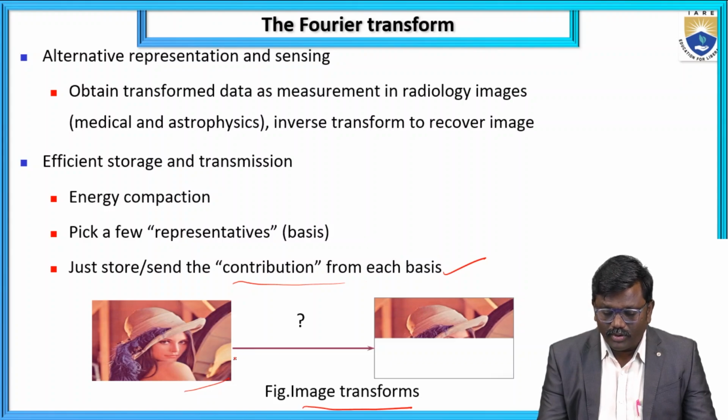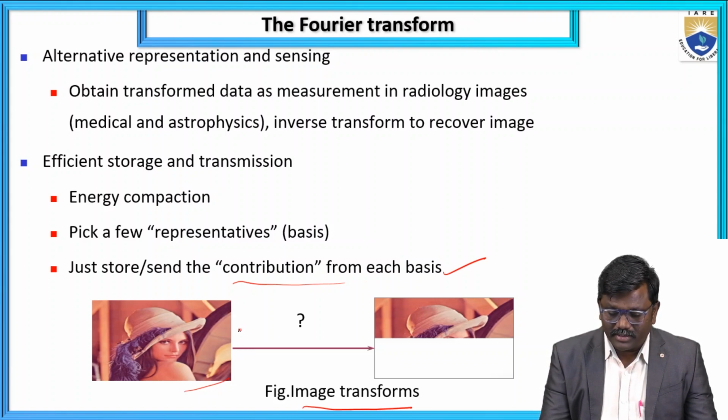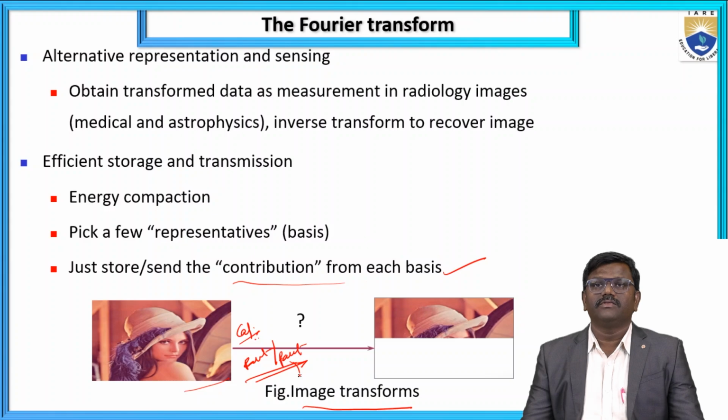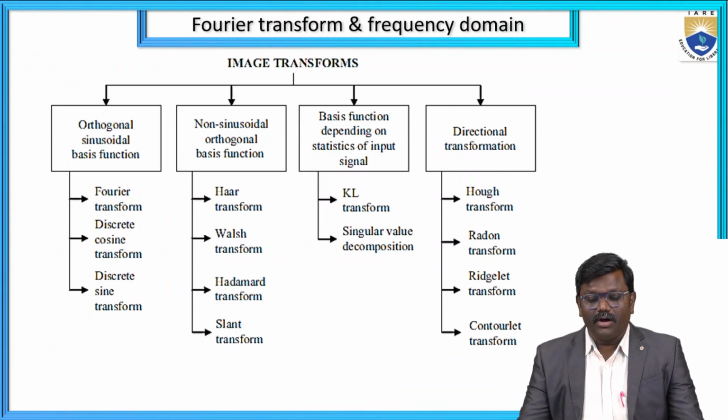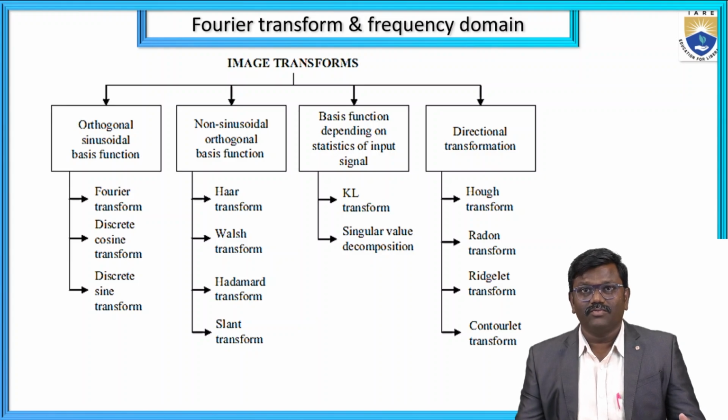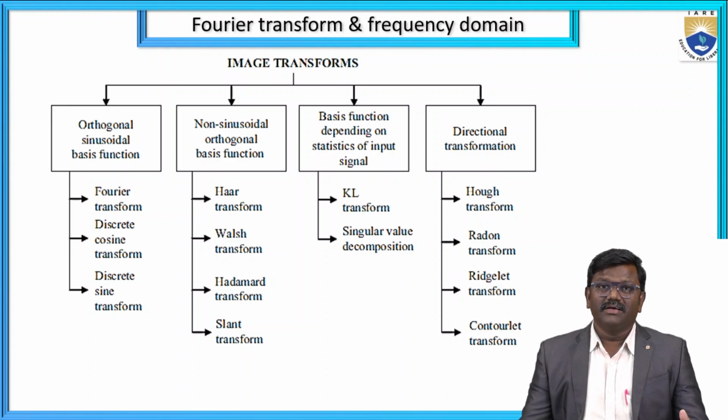We want to calculate this information part by part, or sequentially. We are going to understand that based on the frequency domain applied information. Here is how we can apply that transformation based on different aspects of image transformations. Number one, orthogonal sinusoidal basis function.